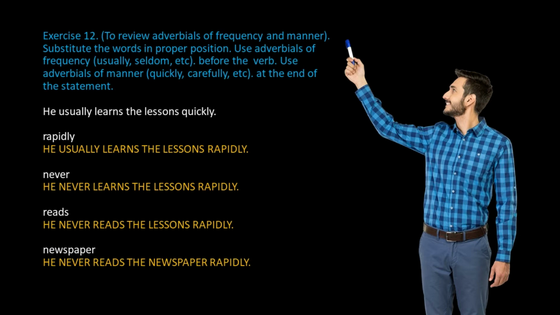He usually learns the lessons rapidly. Never. He never learns the lessons rapidly. Reads. He never reads the lessons rapidly. Newspaper. He never reads the newspaper rapidly. Now, please do the following exercise. You can pause your video until you finish the exercise.